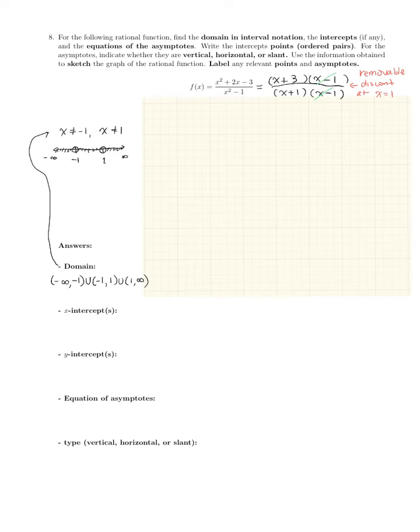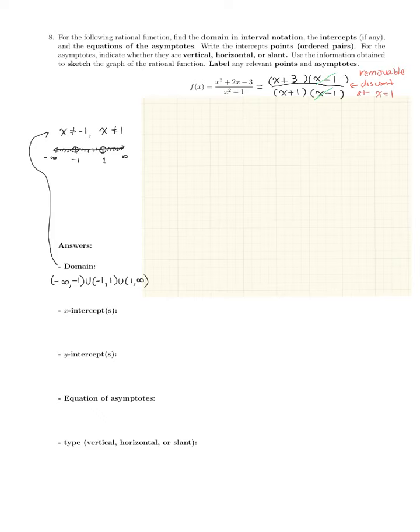Now let's go with the x-intercept. To find the x-intercept, you set y equals 0 and solve for x. If y equals 0, only the numerator has to go to 0. To find the x and y-intercepts, look at the reduced rational function, which in this case is x plus 3 over x plus 1.